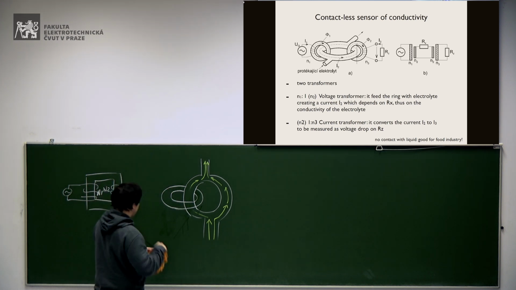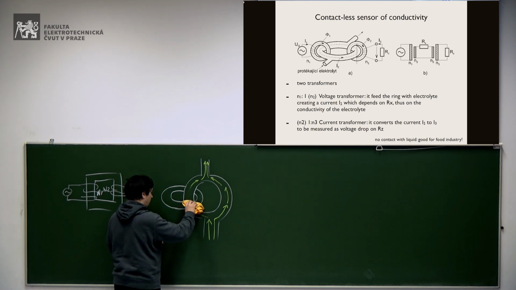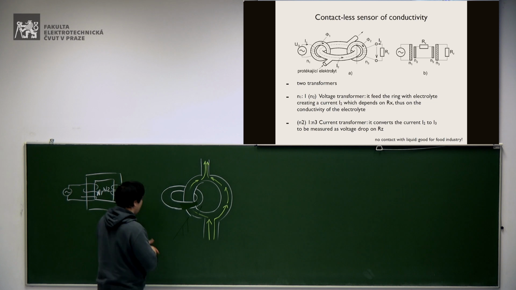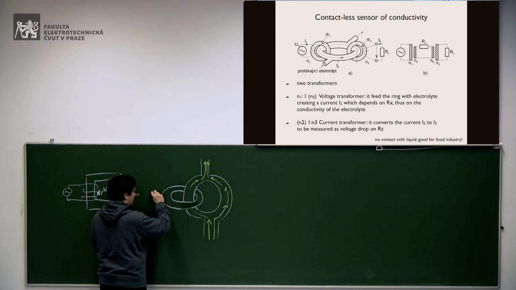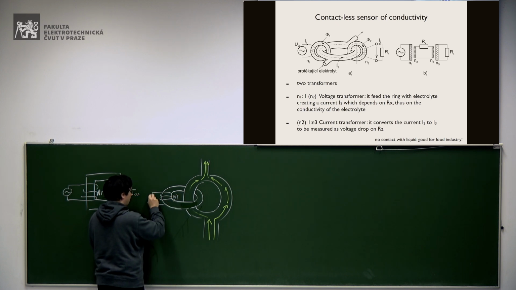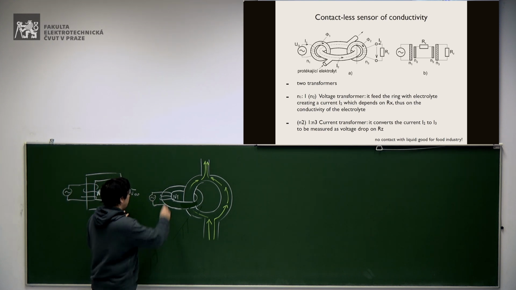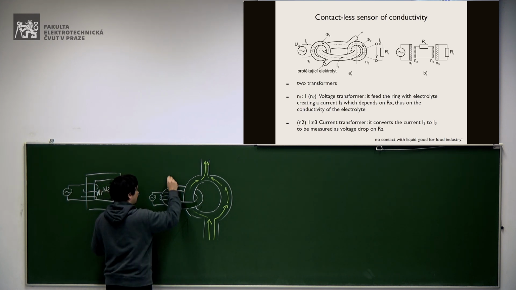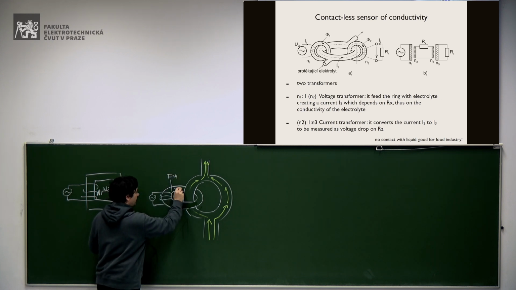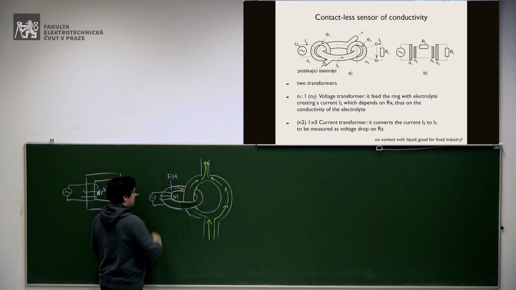To be precise, you see the first N1 turns here, and you get the ferromagnetic core here with the magnetic flux as usual.